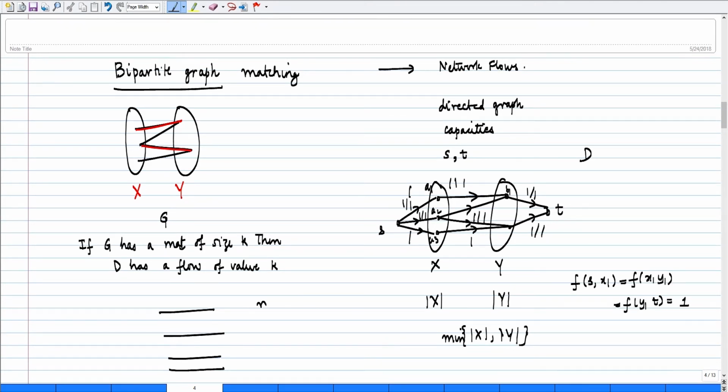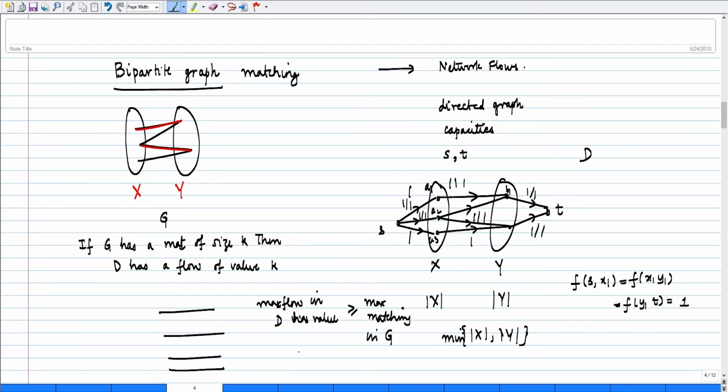Therefore, the max flow in D has value greater than or equal to the max matching in G. So if you want to show two quantities are equal, it is very easy to show that one is greater than or equal to the other and the other is greater than or equal to the first, and if you show both of these inequalities, then you get that they are equal, right, and this is exactly what we are trying to do.